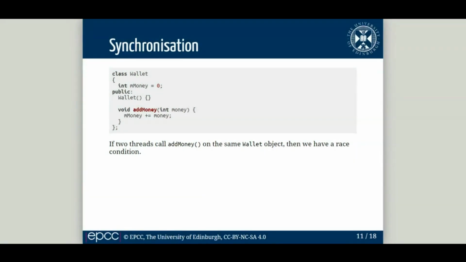That means that maybe the quantity of money will not be accurate, because both threads could have in cache the value 0, and let's say that one thread adds 20 and the other thread adds 30.